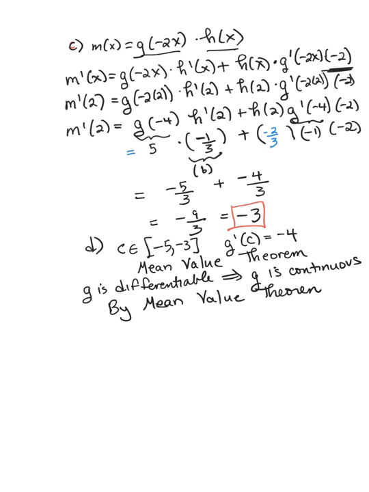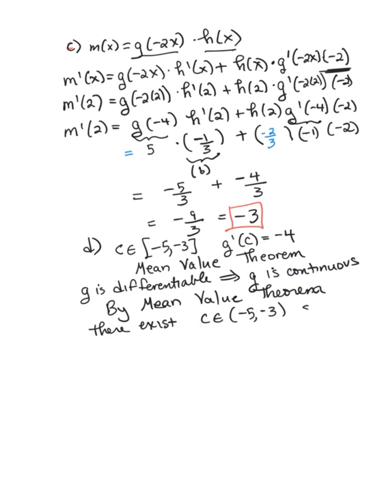By the mean value theorem, there exists a C in this interval so that the derivative of g at C is equal to g of B minus g of A over B minus A. And in our case, B is -3 and A is -5.